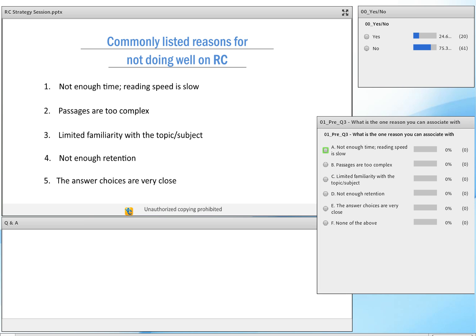Tell me which of these reasons do you associate with the most? You may associate with more than one reason, but which is the reason that you associate with the most? So it appears that the reading speed is slow is the issue, along with answer choices are very close. Okay. All right. Sounds good.